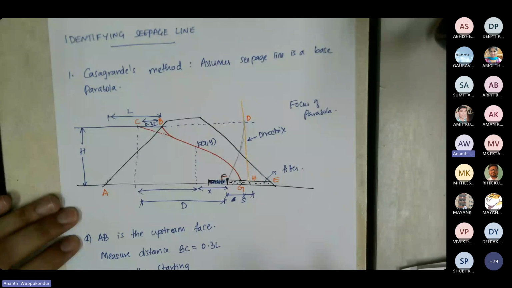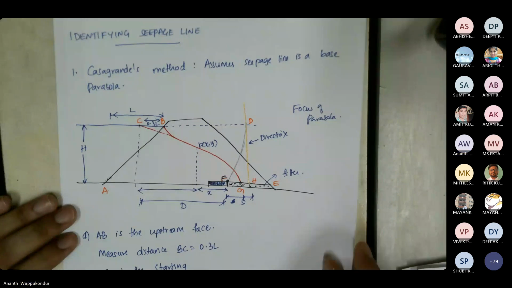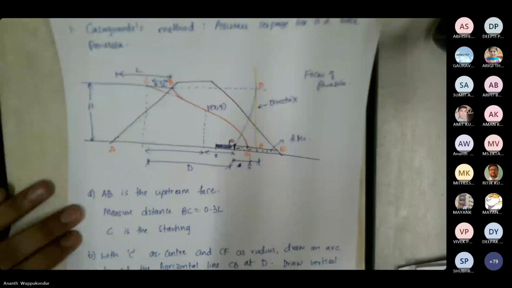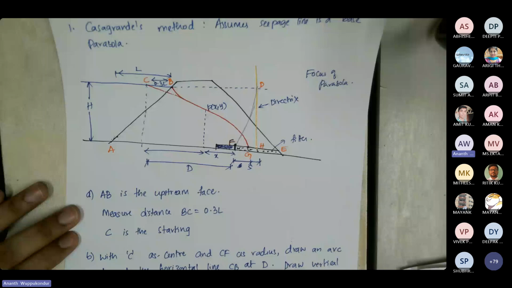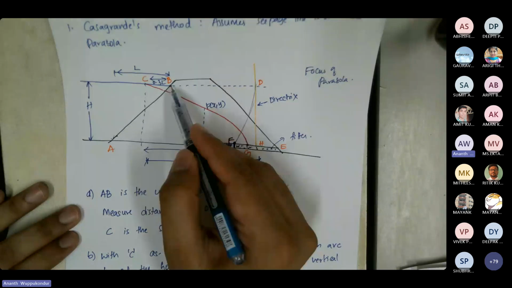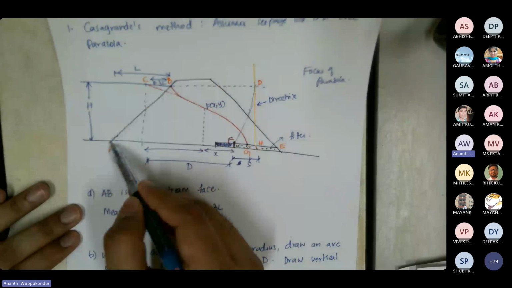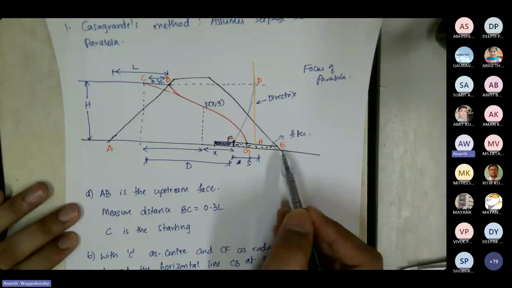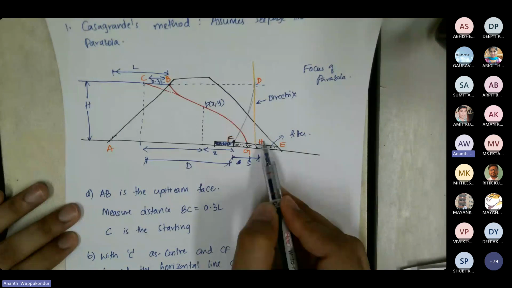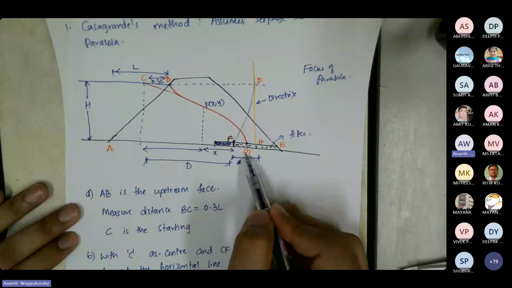So in this method, what we do is first, we have the upstream face, which is AB. We have notations of different points: A, B, C, and D is here, and then E is at the exit, F is the focus, H, and G. G is the point where the seepage line is exiting the earthen dam.